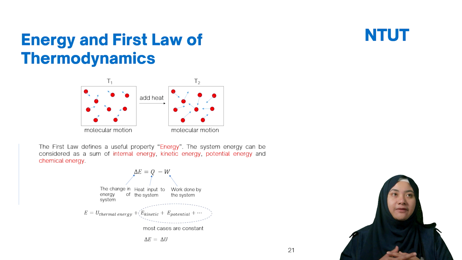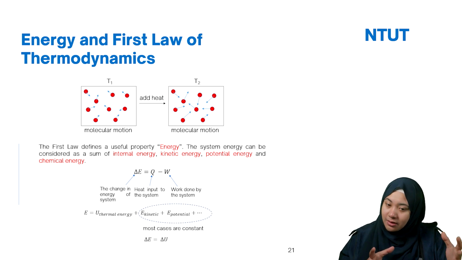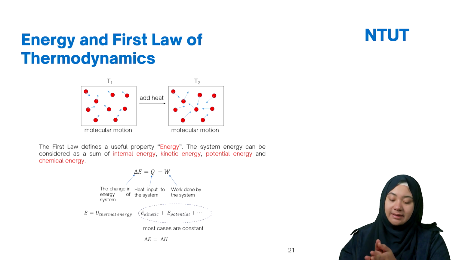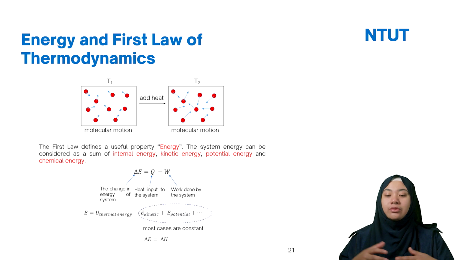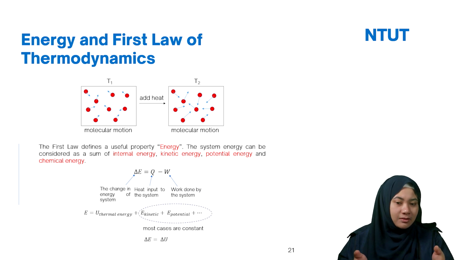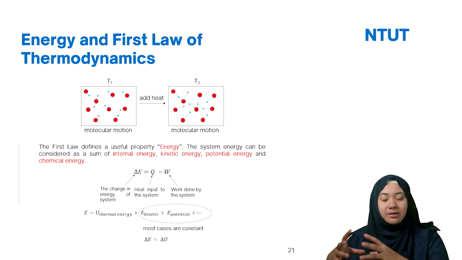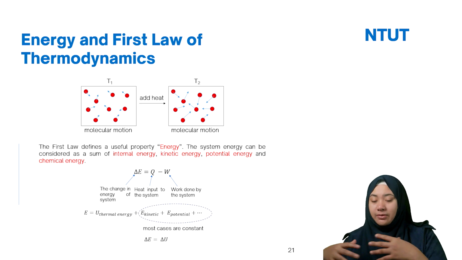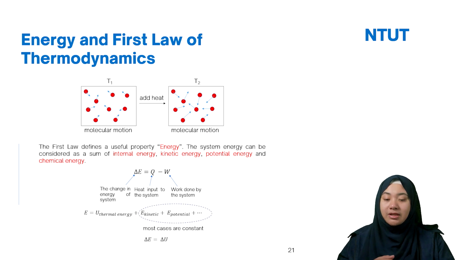But if they do give one, for example in a later question where the velocity is not constant, such as when the input and output velocities are totally different, then of course you need to consider the kinetic energy. If the question doesn't give you a specific velocity or potential, you don't need to consider these two, and you just consider the thermal energy. So we can calculate by Q minus W, where Q is heat input to the system and W is work done by the system.